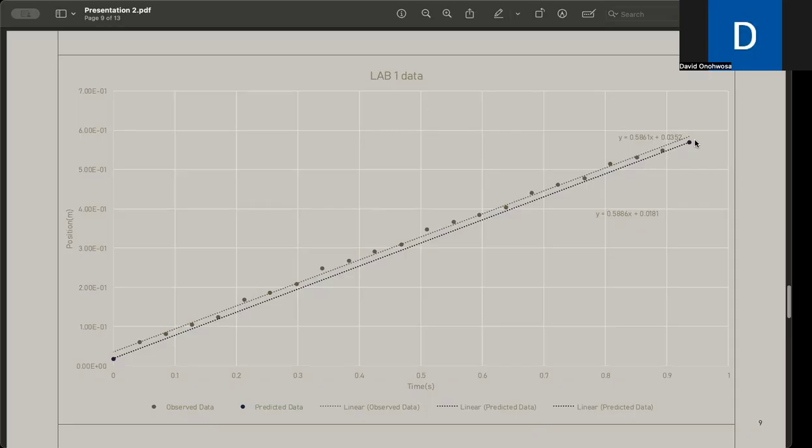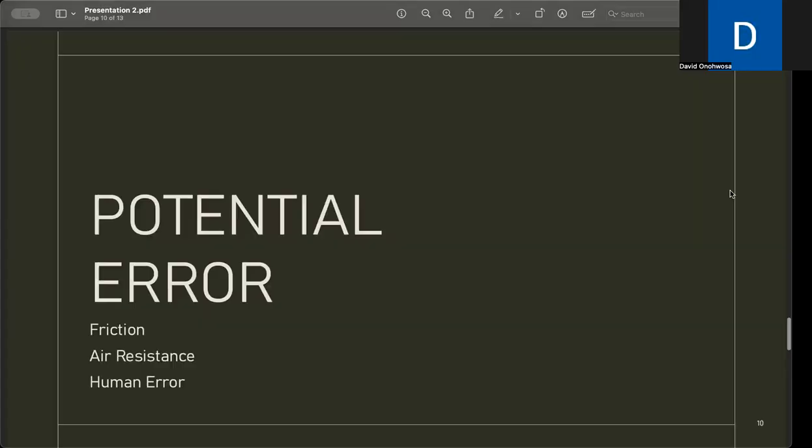The two lines are pretty parallel. And this calls back to Newton's second law. Our net force acting on our object was zero, and therefore the acceleration was zero, so it continued moving with a constant velocity relative to the calculated values.